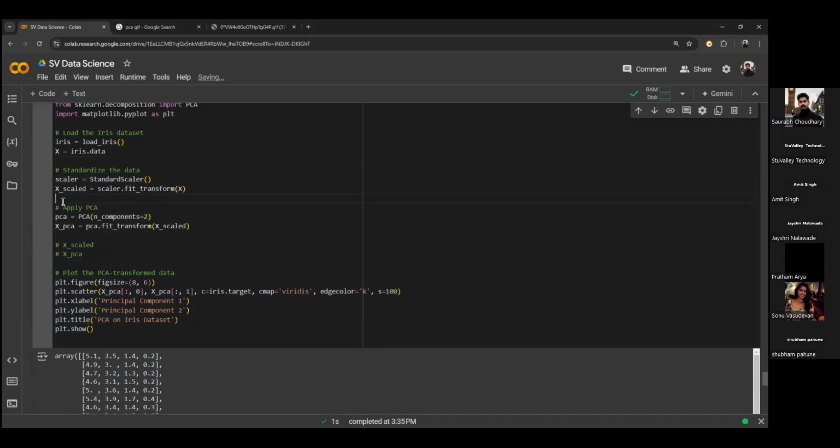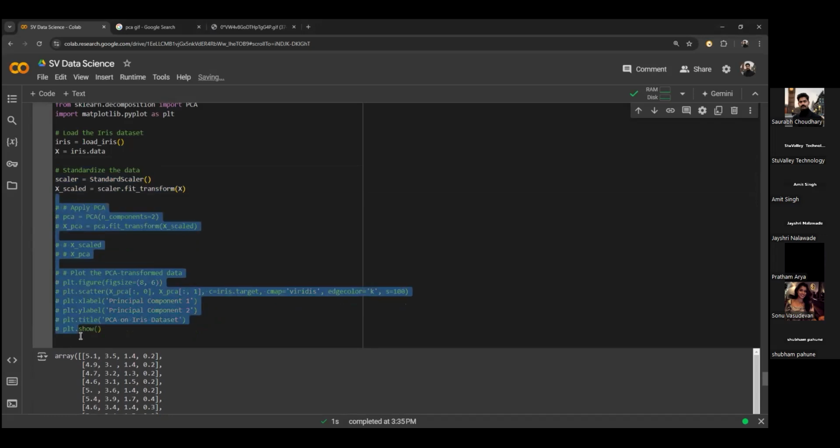Okay, then what we're going to do next is we standardize our data with the help of standard scaler. Make an object, pass your data, and it will scale it. Okay. After scaling, you will see a little bit of difference here.